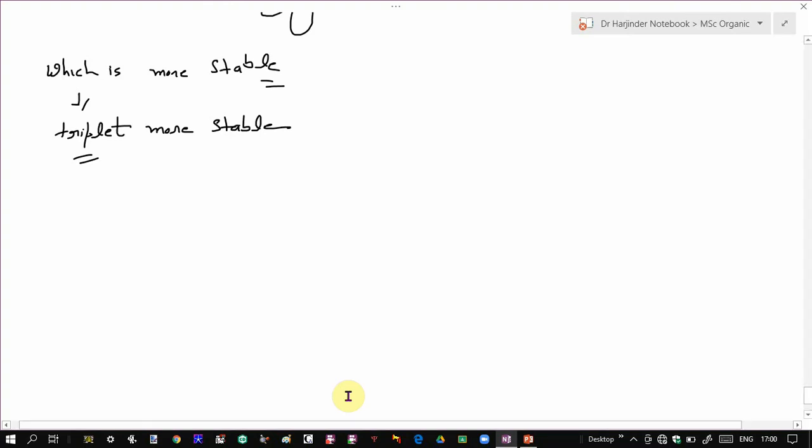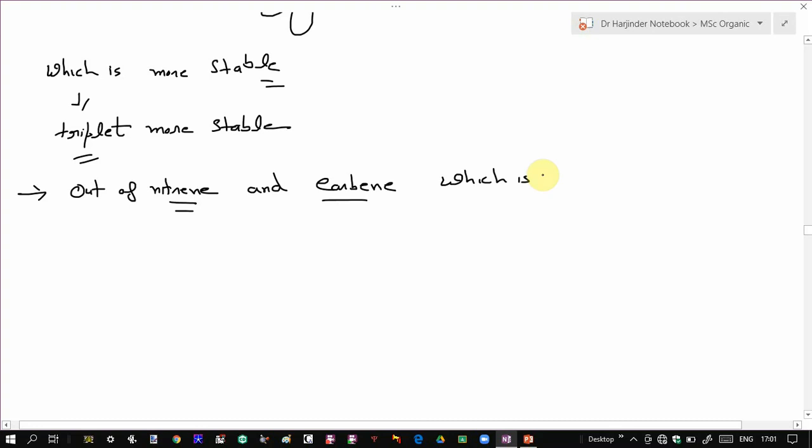Now next is, if you look at these nitrenes and carbenes, which is more stable? Out of nitrene and carbene, which is more stable?